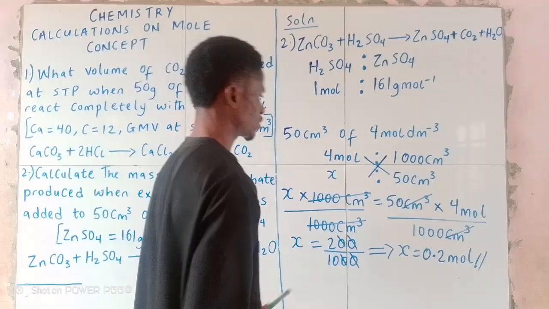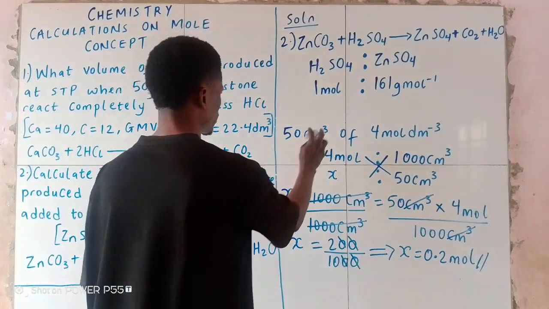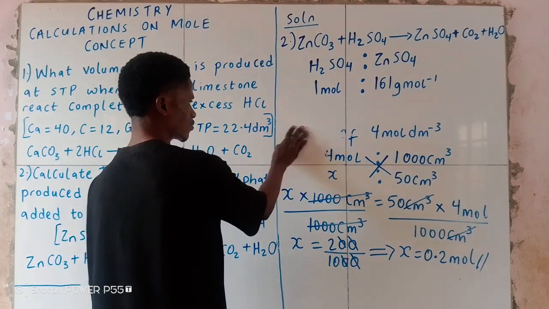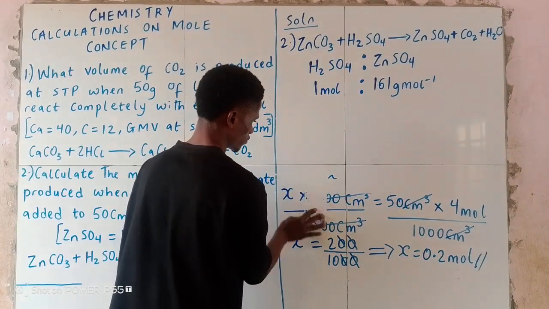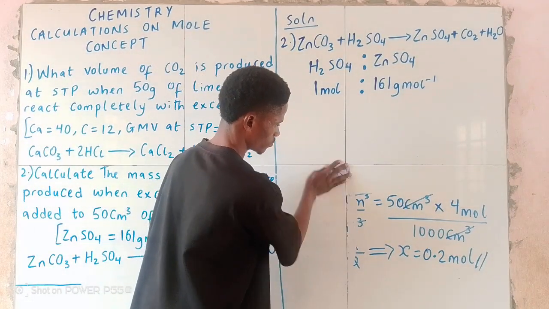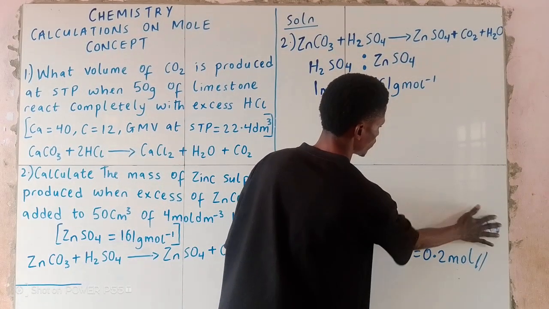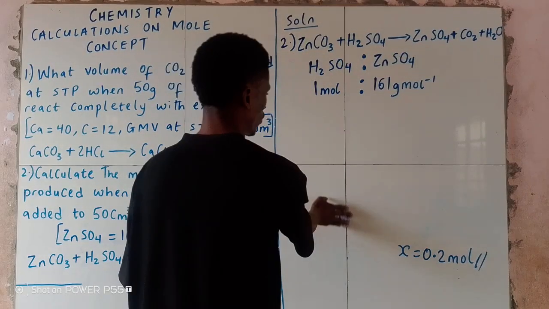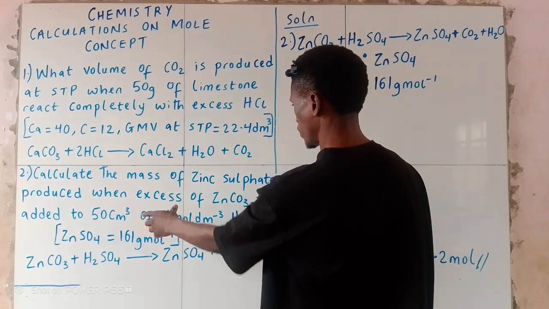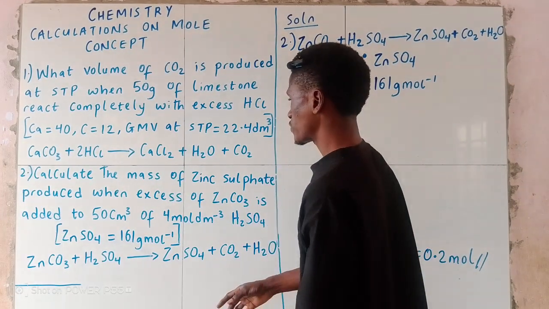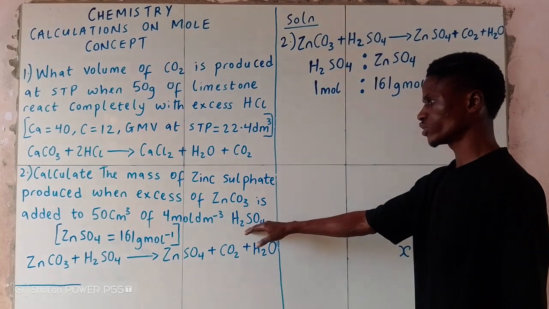So I have this. So let me take this side off now. So I have this as my expression for 50 cm³ of 4 mole per dm³ H2SO4.